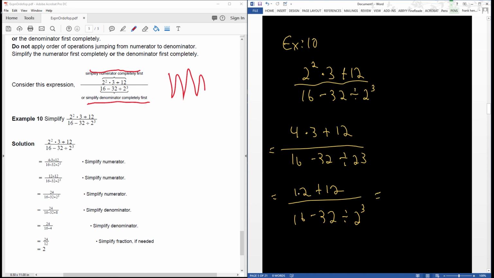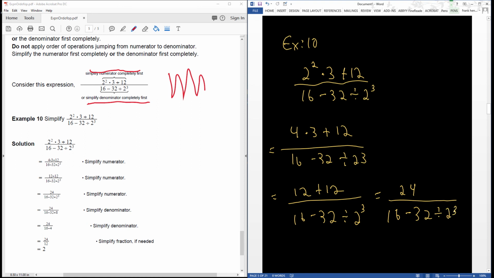Here we have 12 plus 12 is 24. I have 24 over 16 minus 32 divided by 2 to the third.